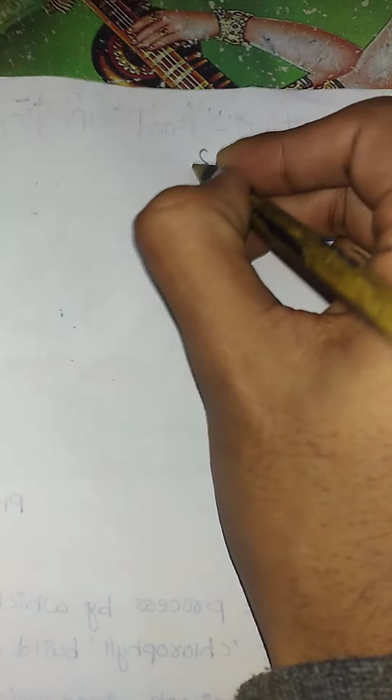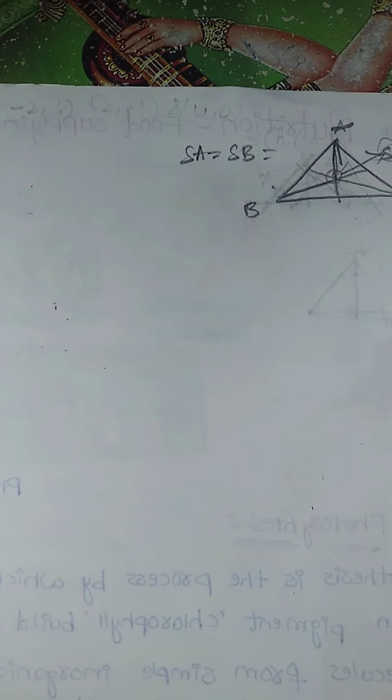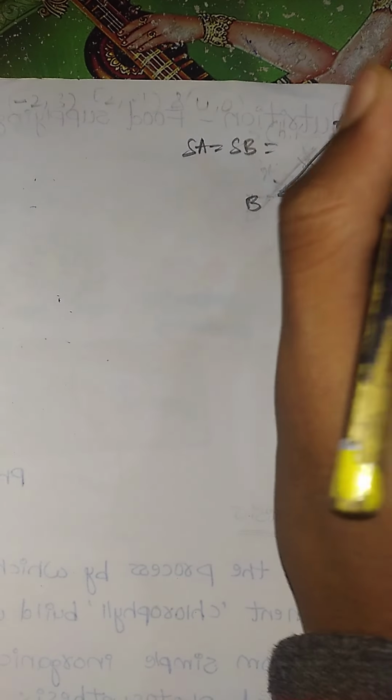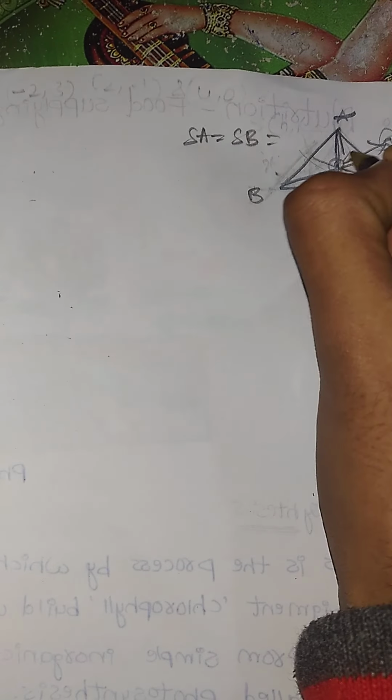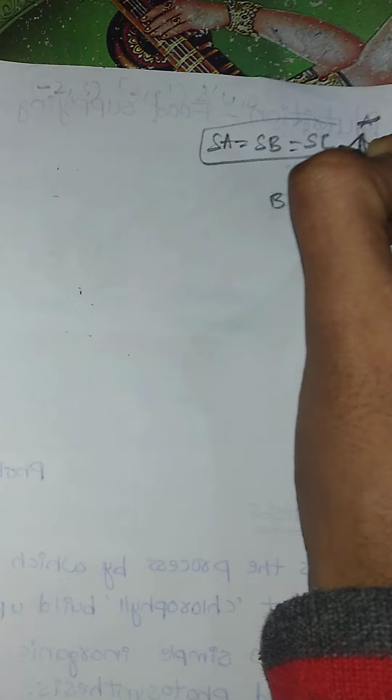Yes. Here, the distance between S to A is equal to the distance between S to B, which is equal to the distance between S to C. As it is a perpendicular bisector, the point of intersection of perpendicular bisectors satisfies this condition.